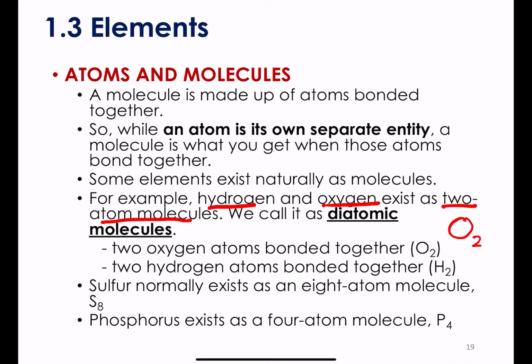So, that is sulfur. And the same case applies to phosphorus. Phosphorus exists as a 4-atom molecule where 4 phosphorus atoms combine together to create a P4 molecule. So, that is the relationship between element, atom and molecule.